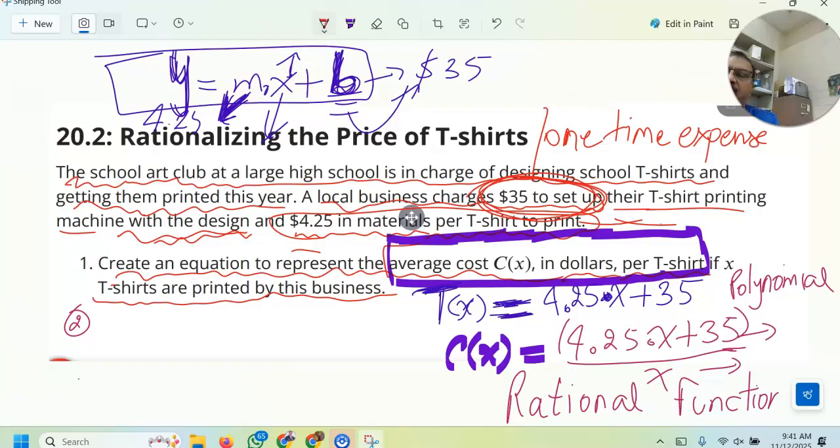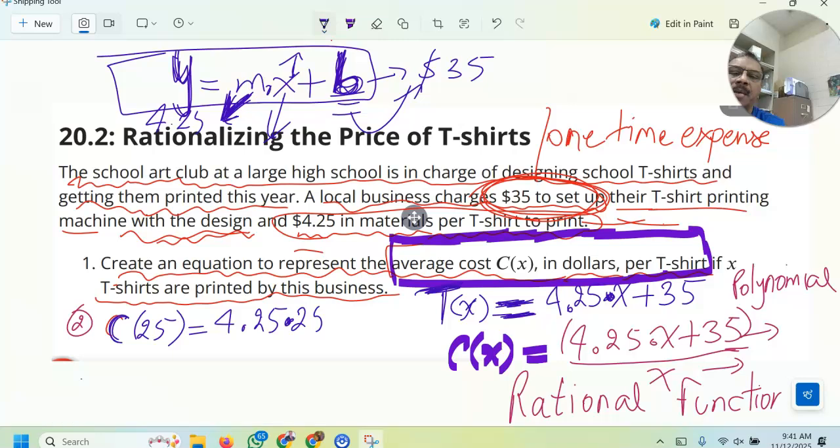So what we do here is you just put in C of 25, plug in this, and it will come 4.25 times 25, and then plus 35, divided by 25 again. Last time I remember doing this graphically, but here they're asking you directly, no graph.